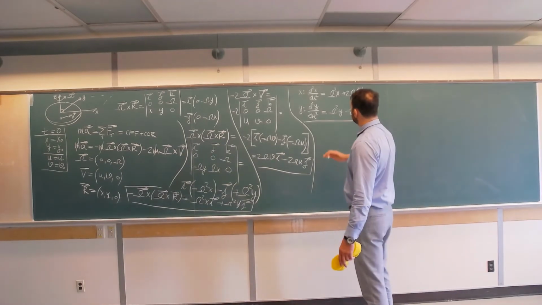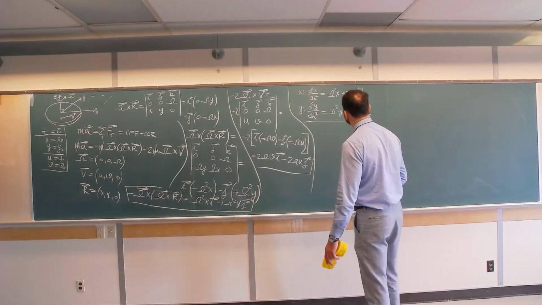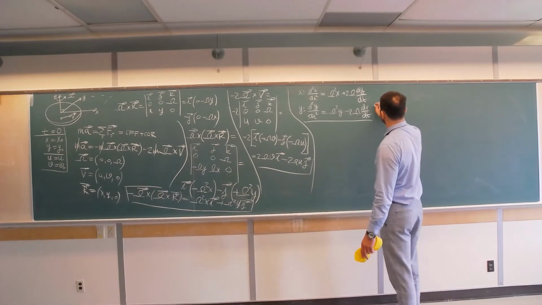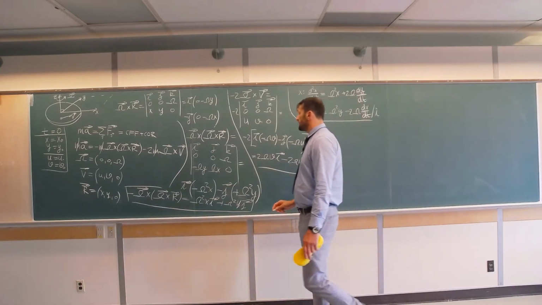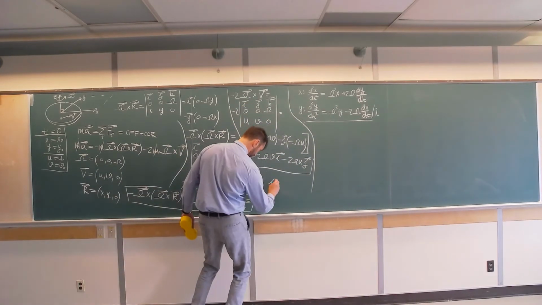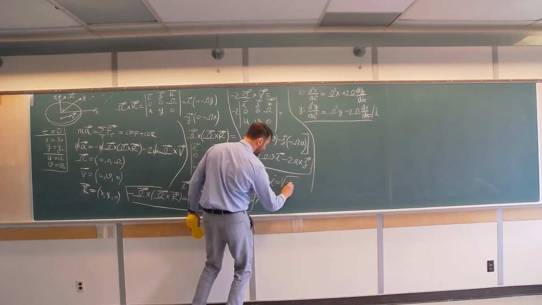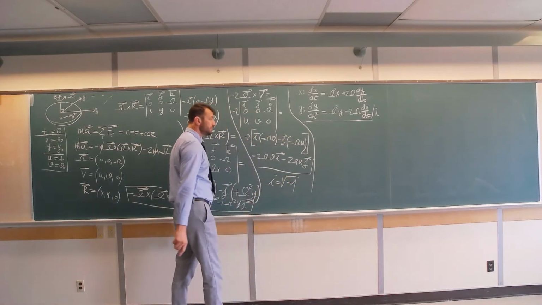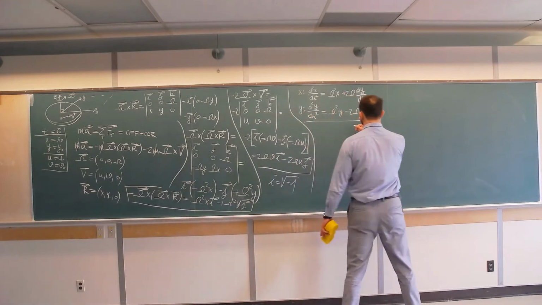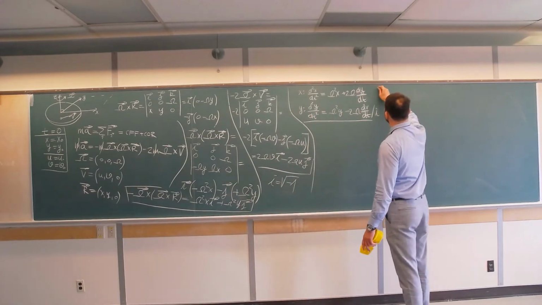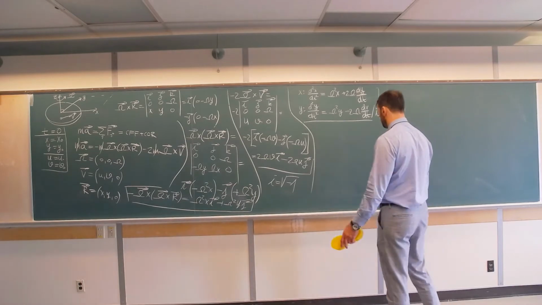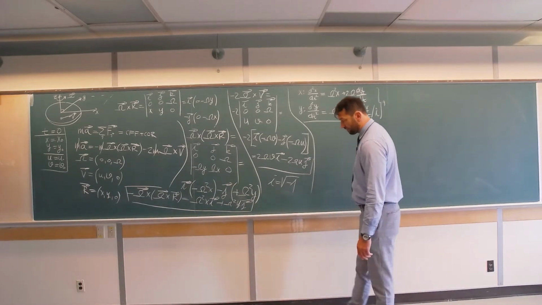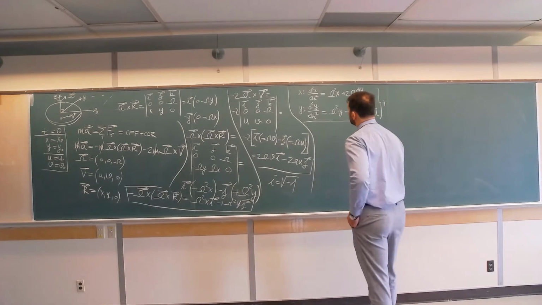To solve this system, I will multiply the second equation by i, where i is the imaginary unit, square root of -1. So I multiply this equation by i, and then I add these two equations. So let's see what we will get here.